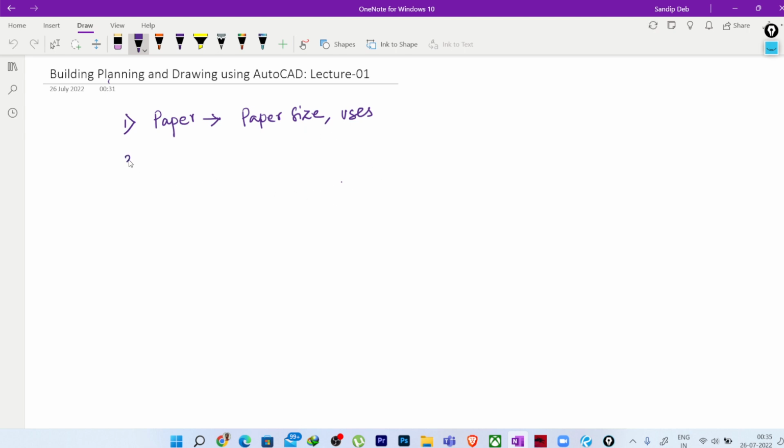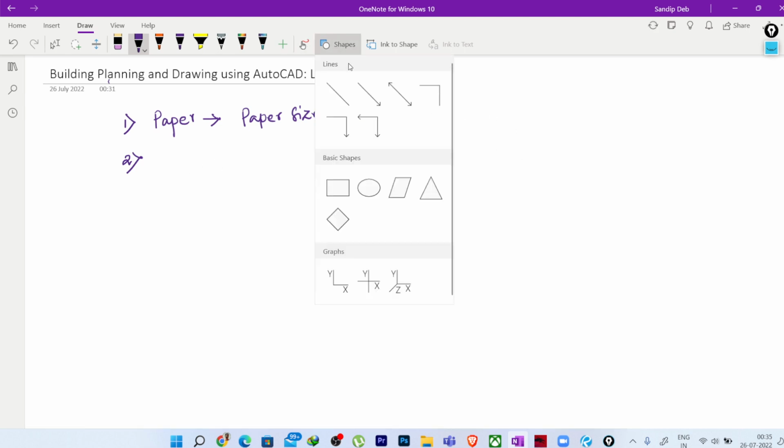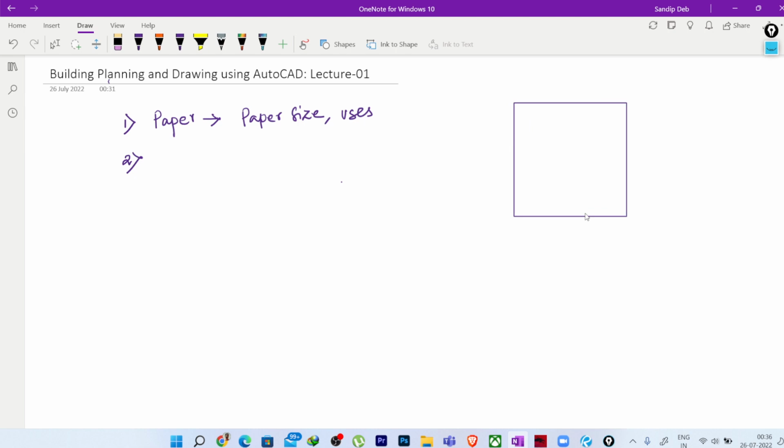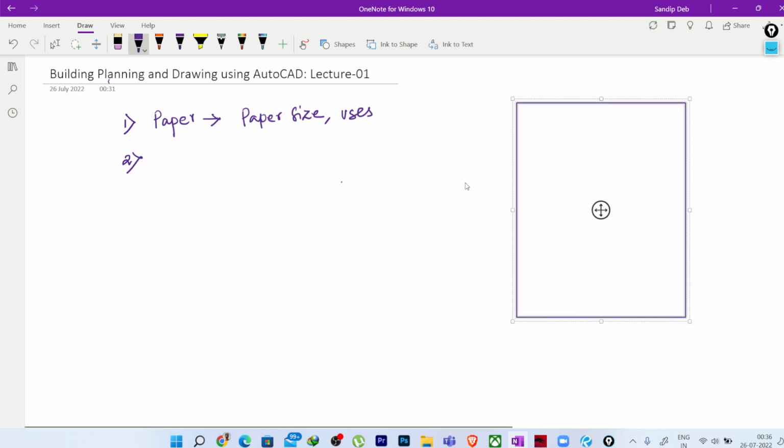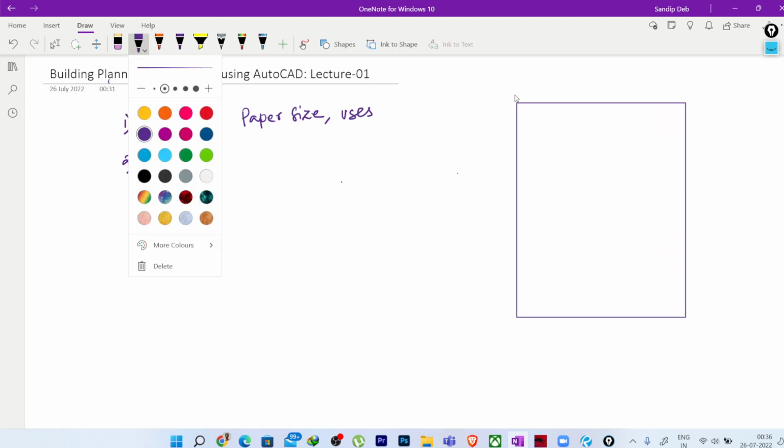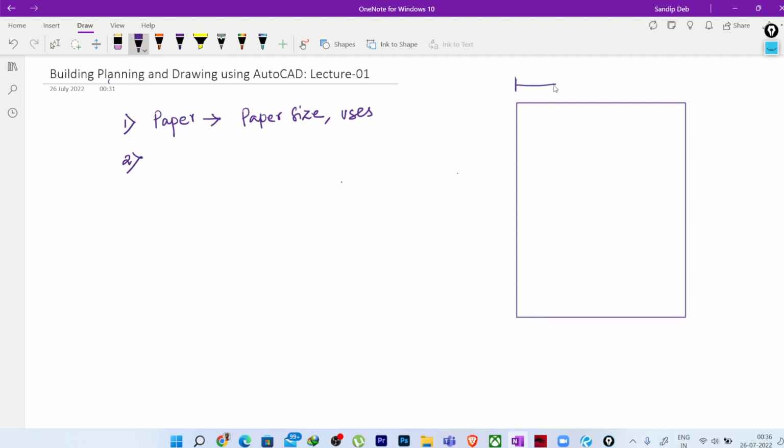Then obviously, when we'll be printing or plotting our drawings, there will be some norms regarding the drawings. Suppose we have a building like this, and this particular area is something around, suppose, 50 meter by maybe 90 meter.